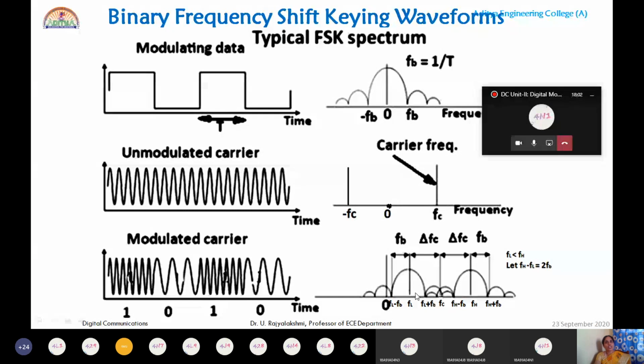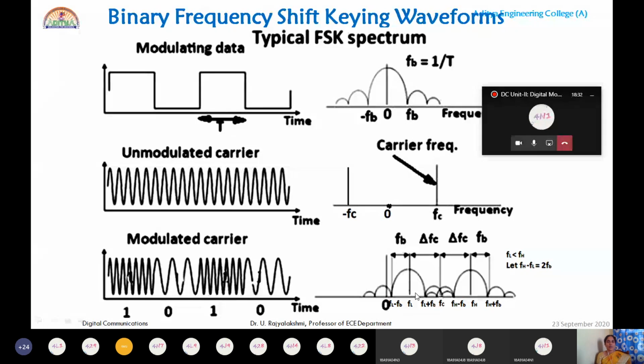Once again, BH of t is a band limited signal that ranges from minus FB to plus FB. If this BH of t is multiplied by cos 2 pi FH t, the spectrum of FH will move from FH minus FB to FH plus FB.